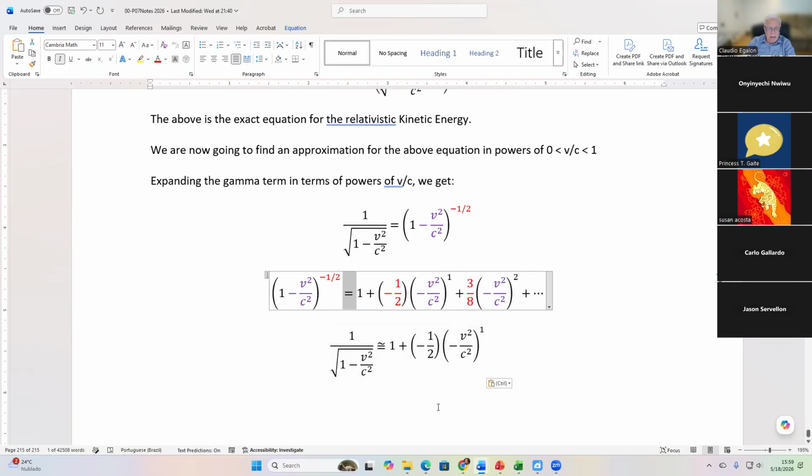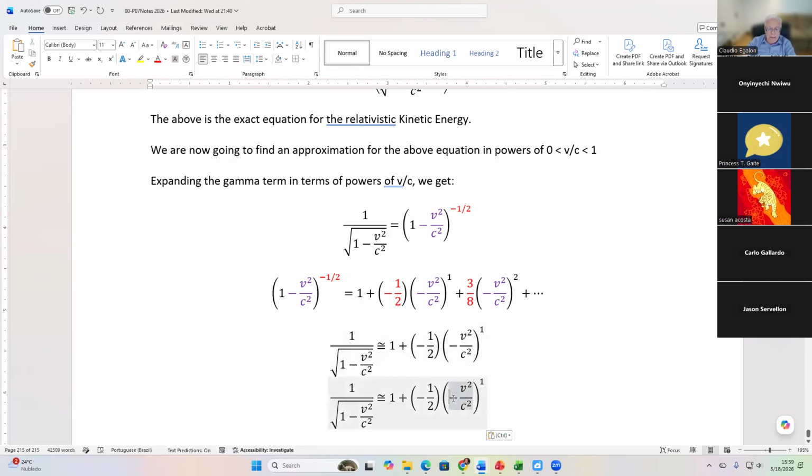Okay, and we are going to do a next step. Here this negative sign cancels out with the other negative sign. The v squared over c squared remains. Half remains.